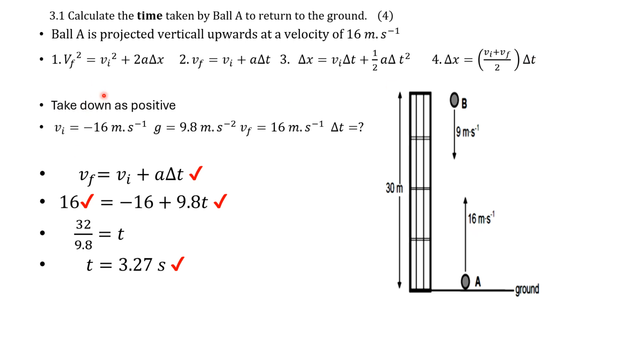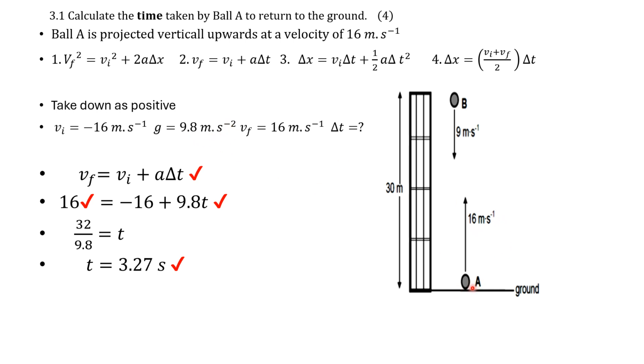So we're taking down as positive. Moving this way is positive. So ball A, I throw it upwards, it's going in the opposite direction, therefore negative 16 meters per second. While moving up, gravity is pulling it back down, slowing it down, so gravity is 9.8 meters per second squared.